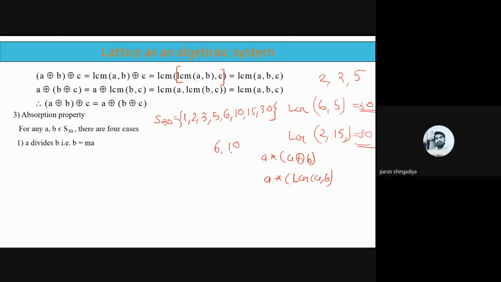The first case is A divides B. What does it mean? If we consider X divides Y, then we can define Y is equal to Mx for M belonging to the integers. So here A divides B, so we can define the formula as B is equal to M times A.